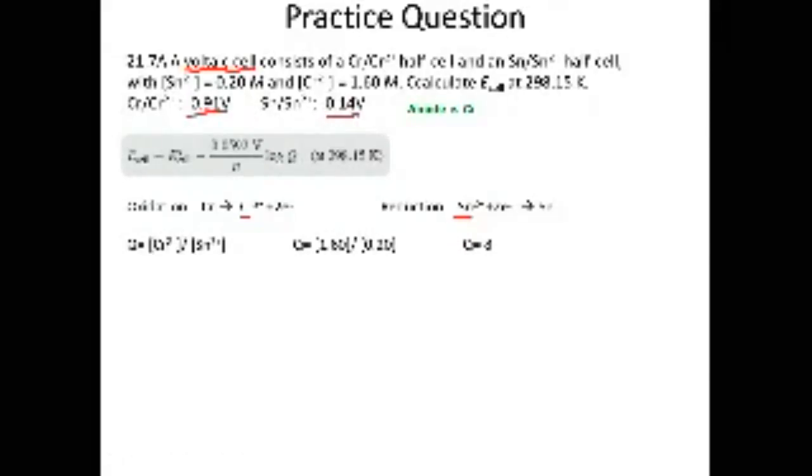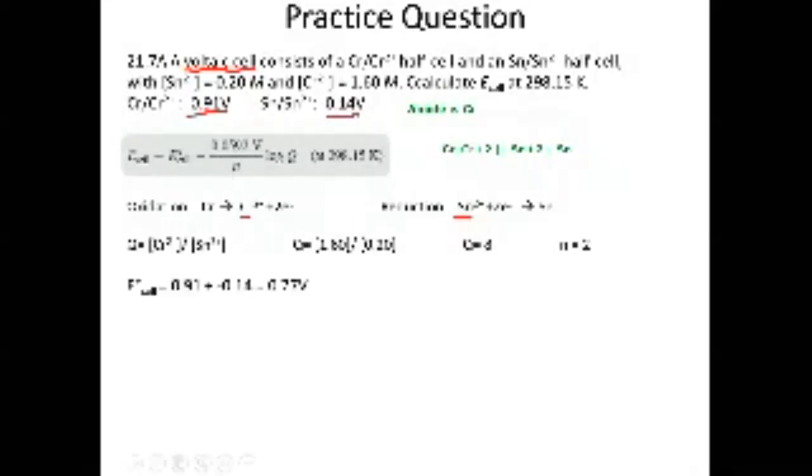Now before we move further, if I was to write this shorthand configuration, it would be chromium, chromium 2 plus, tin 2 plus, tin. So now we plug Q in, and we know N is 2. We can determine the E of cell.